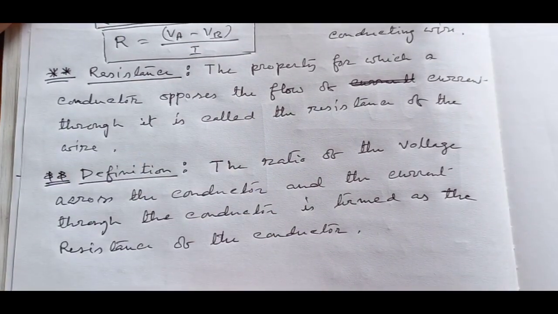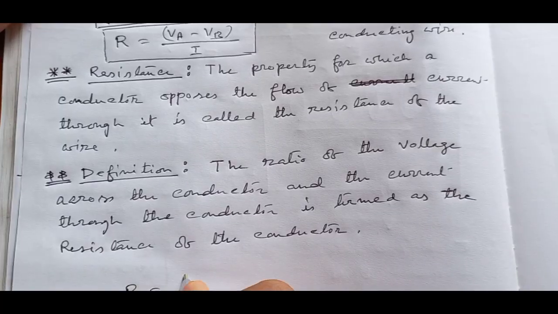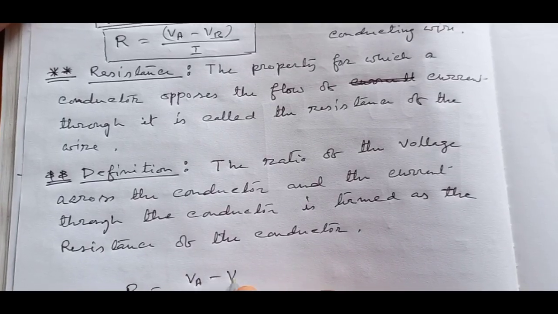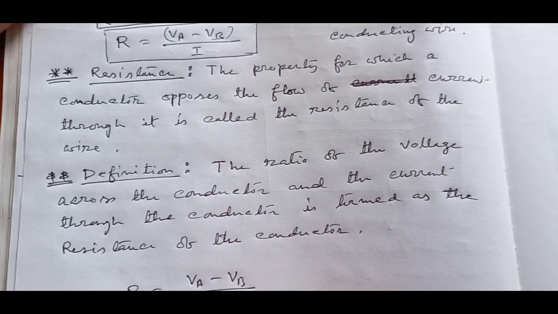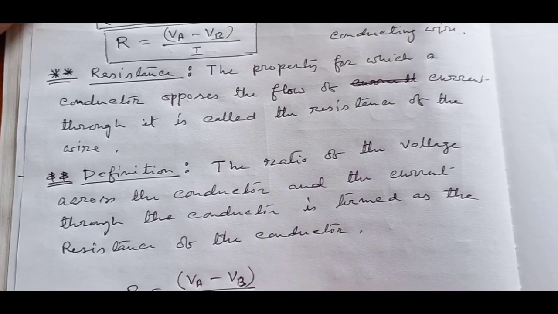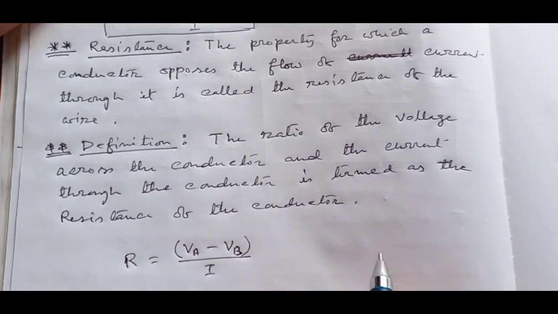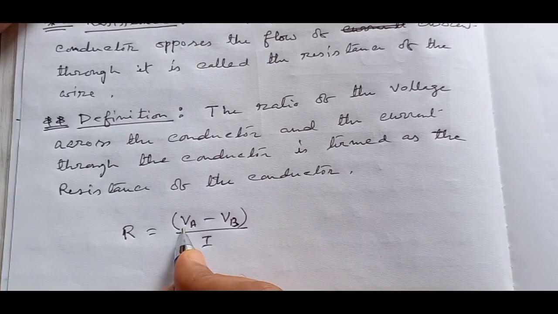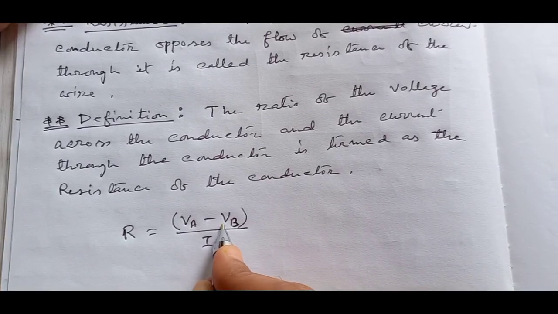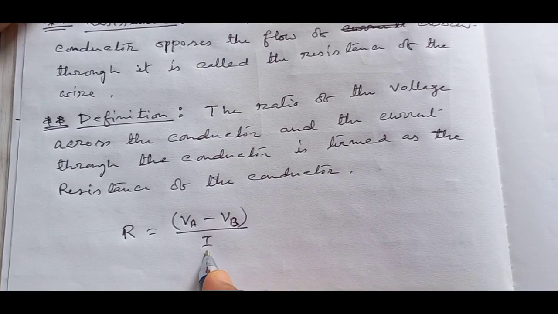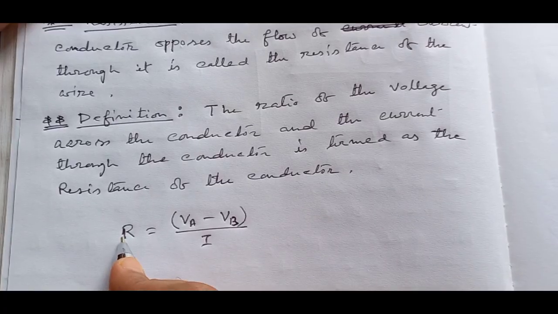From the previous equation we can write R is equal to VA minus VB by I. Therefore the ratio of the potential difference or the voltage across the conductor by the current through the conductor is termed as the resistance of the conductor.